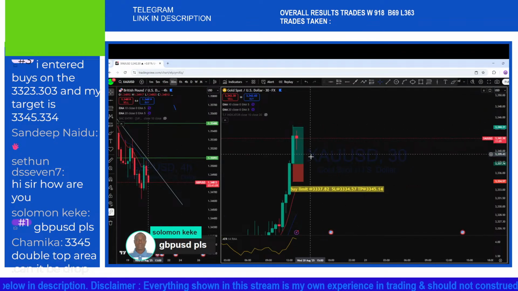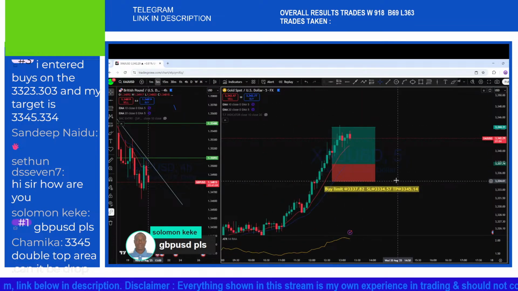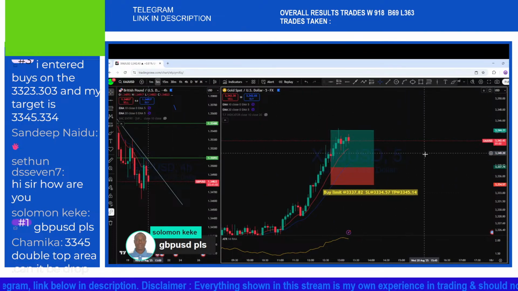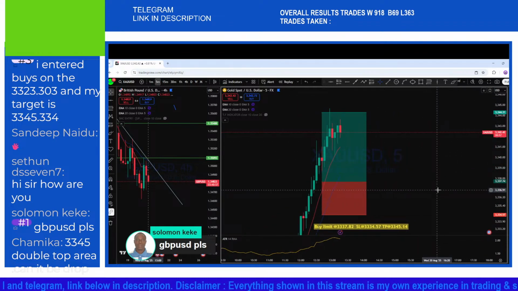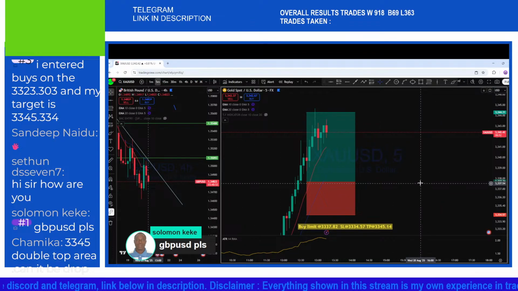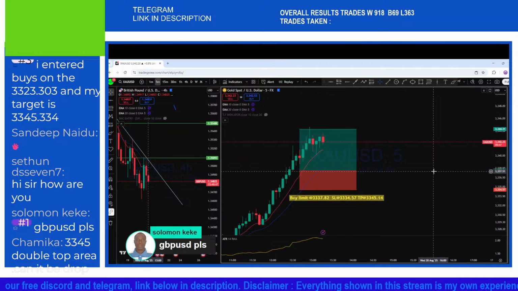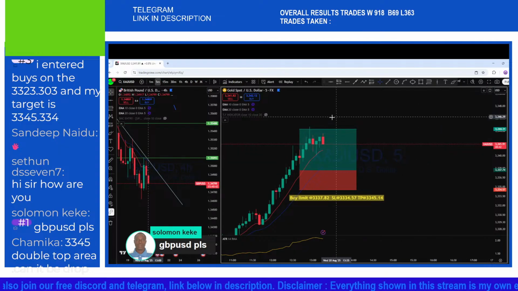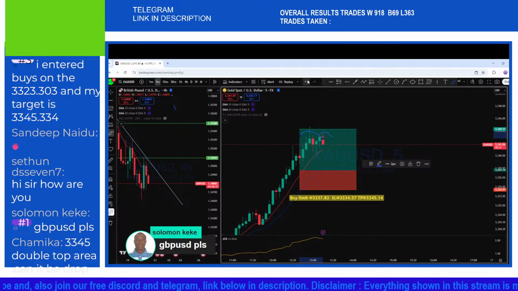Looking at the 30 minutes, you can also see an important support level. This is a double top here, and expecting the market to come back here.